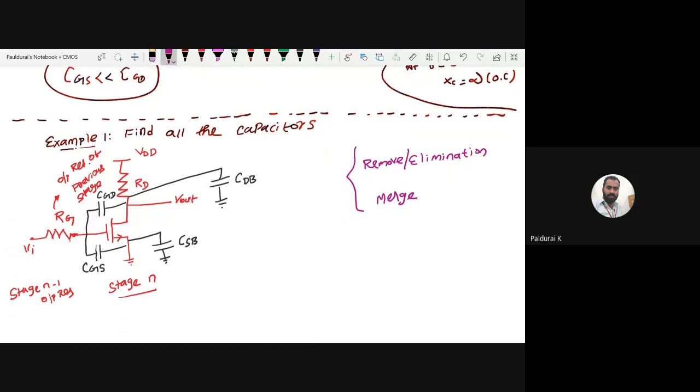Now coming to CSB. Think about this guy CSB. Where is it connected? See, this is my ground, right? This is also ground. So where is CSB connected? CSB is connected between ground and ground.